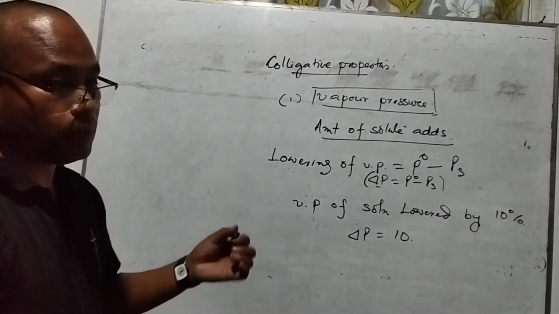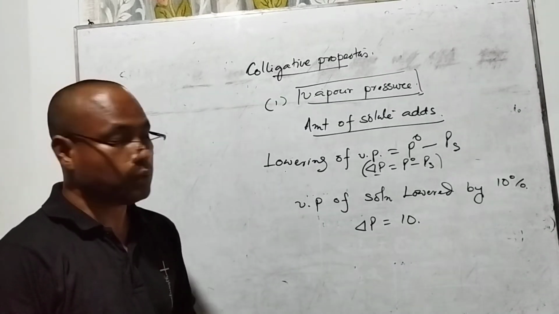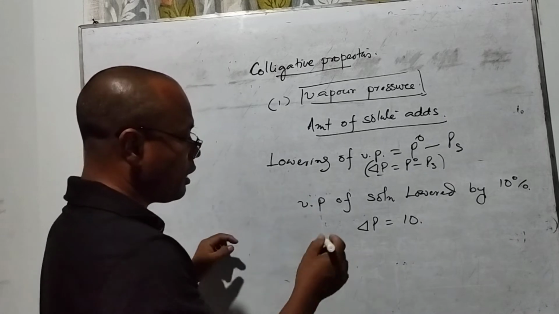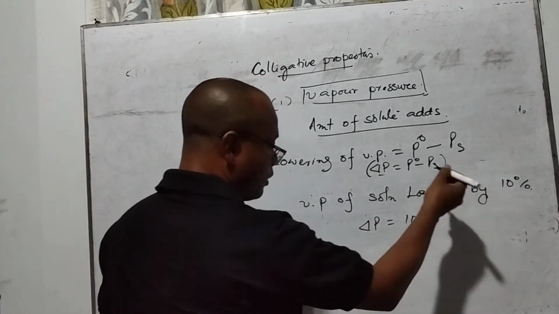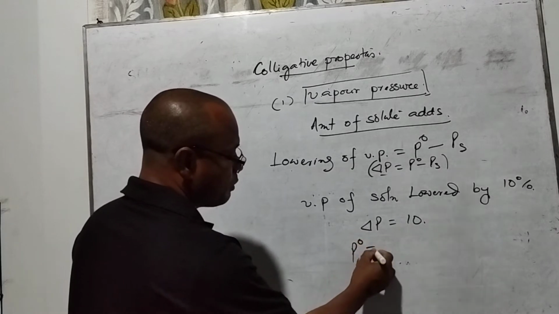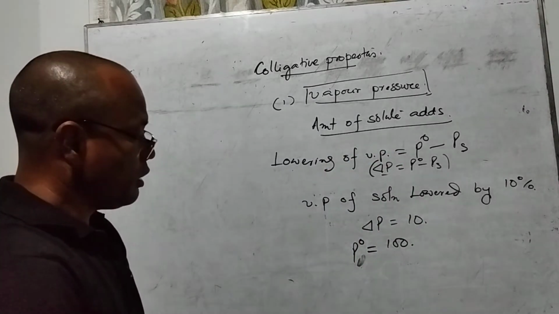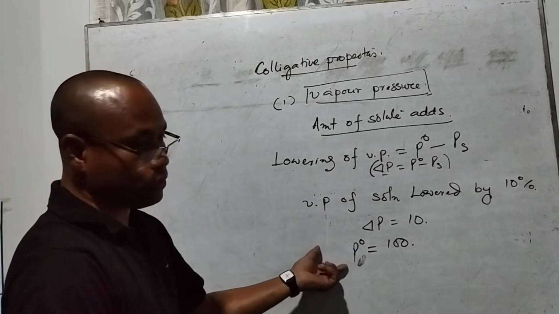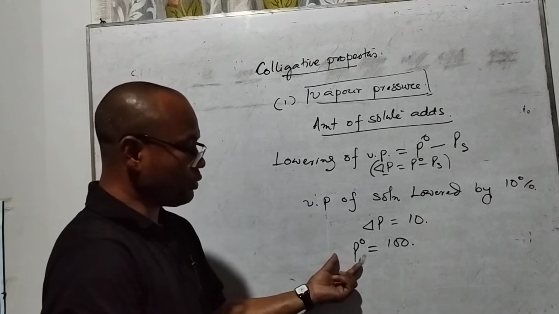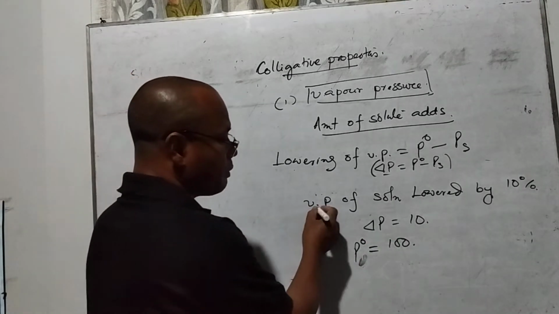Now here, I am scaling the vapor pressure of the pure solvent as a percentage, that is 100. If you know the vapor pressure of the pure solvent is taken as 100, how much is the lowering of vapor pressure of the solution?